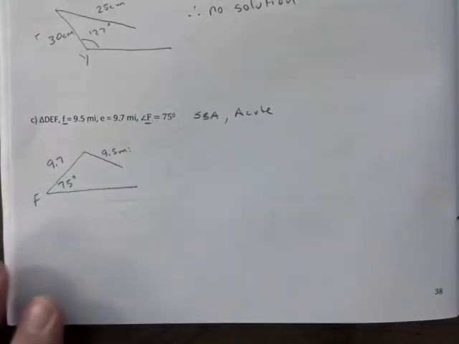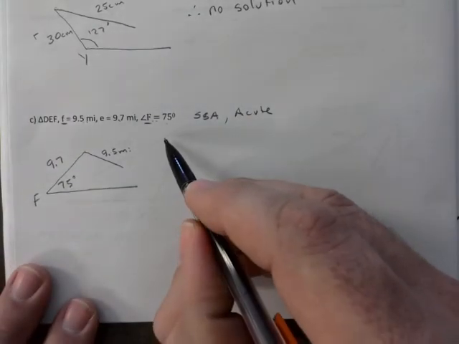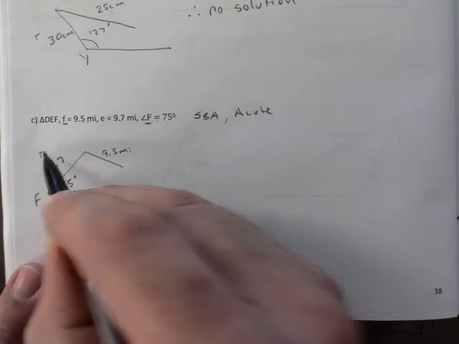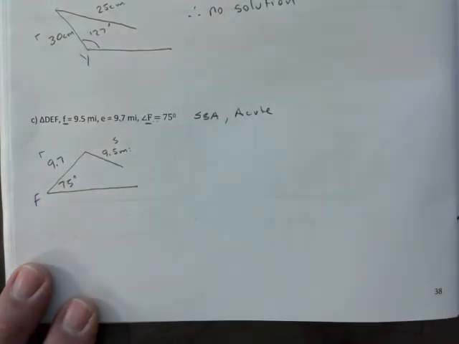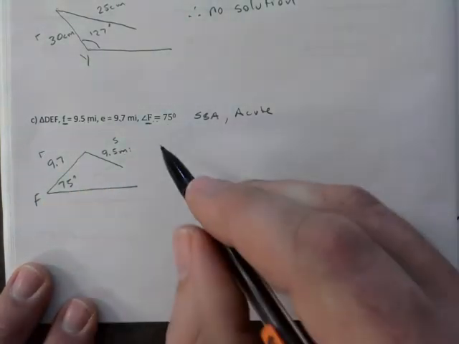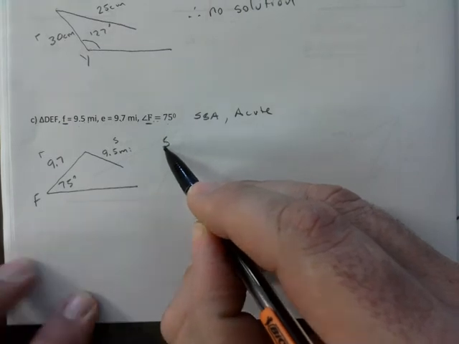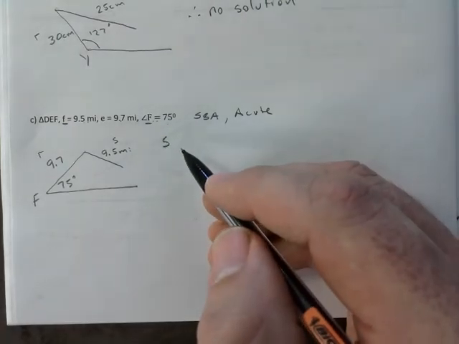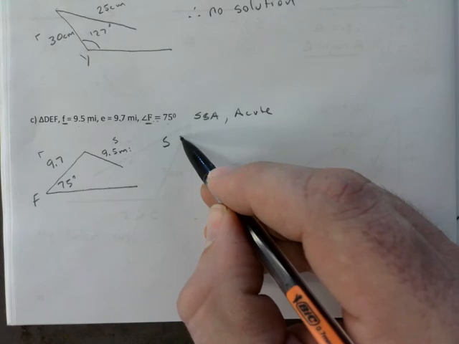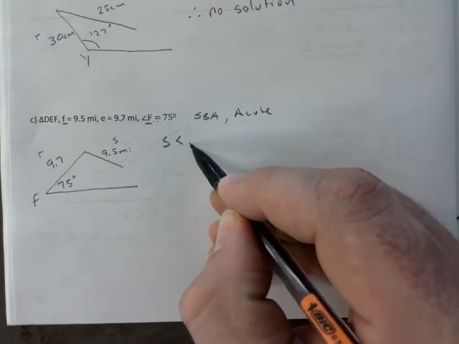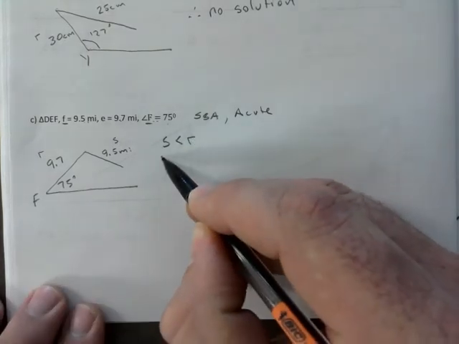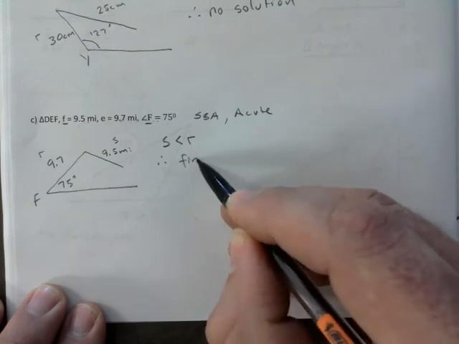Okay, so what I'm going to do here, I'm going to put an R and an S. And remember, string is the main character. String is the main character. String is less than rod, therefore find height.